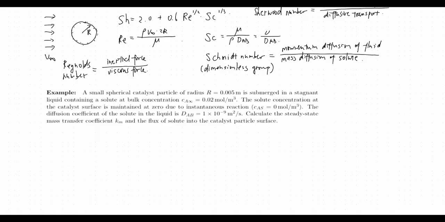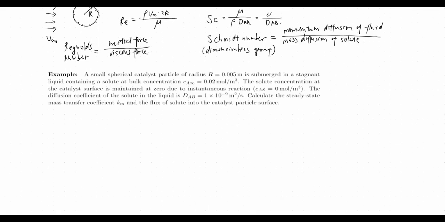It tells you what the bulk concentration is. The solute concentration at the surface is maintained at 0 due to instantaneous reaction. Interesting. This is a case where the concentration on the surface of the sphere is 0, but it is actually larger in the bulk. The diffusion coefficient of the solute in the liquid is given. Calculate the steady state mass transfer coefficient and the flux of solute into the particle surface.